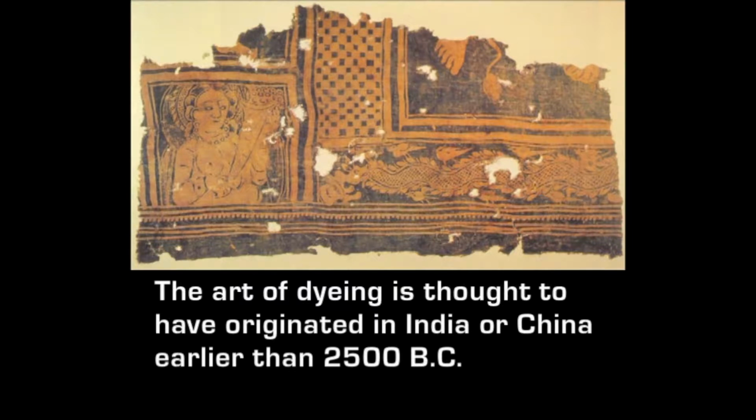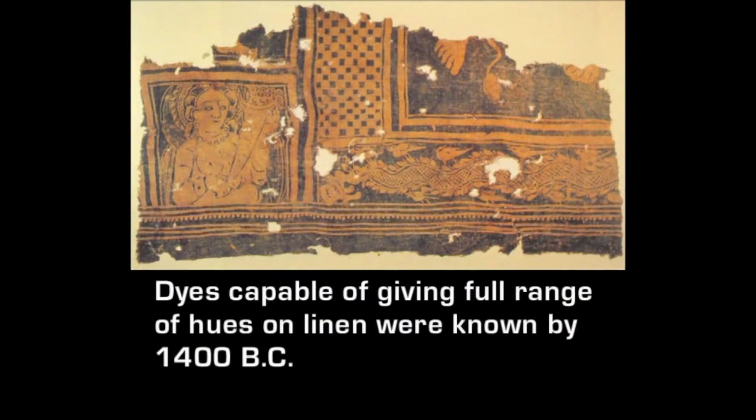The art of dyeing is thought to have originated in India or China earlier than 2500 BC. Dyes capable of giving a full range of hues on linen were known by 1400 BC. Dyed fabrics remained a luxury for a few centuries.